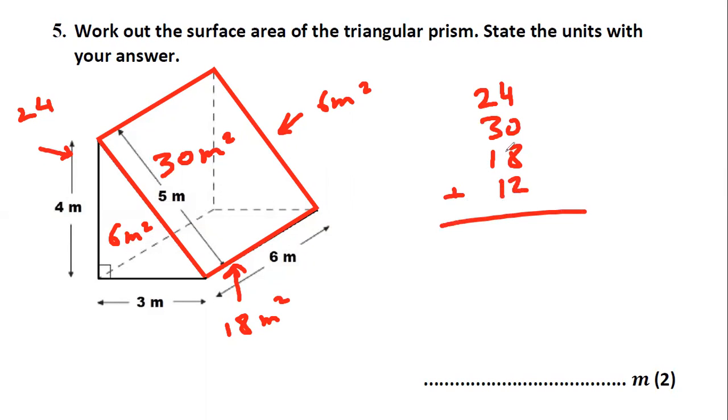And if I add all of these up, 4 add 8 is 12, 12 add 2 is 14. I'd write 4 and 1 is carried. I will then add 2 add 3 is 5, 5 and 1 is 6, 6 and 1 is 7, 7 and 1 will be 8. So 84 meters squared.